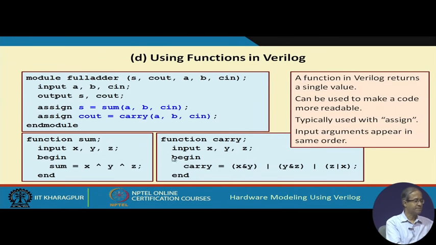So, as I said, a function in Verilog will return a single value, here sum, here carry, and the value will be returned against this expression. Whenever you are writing an expression on the right hand side, whatever is the calculated value of sum, that will be assigned to S. Similarly, for the carry function, the value will be assigned to C out.